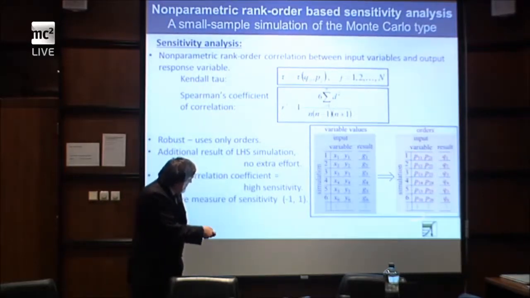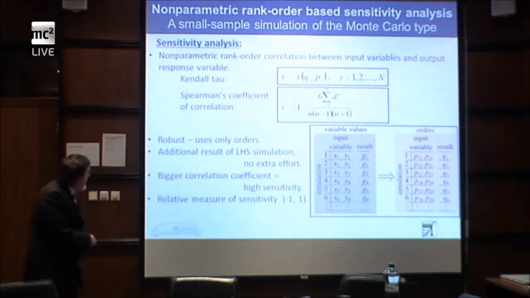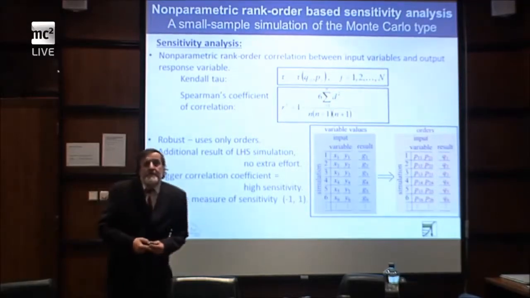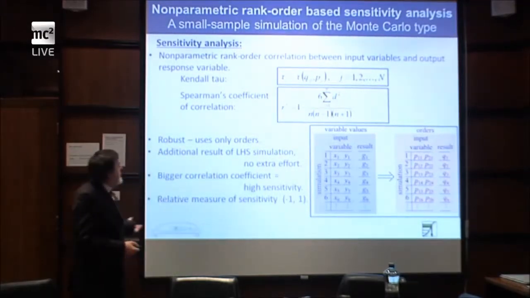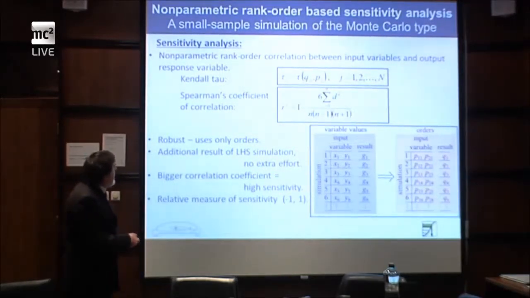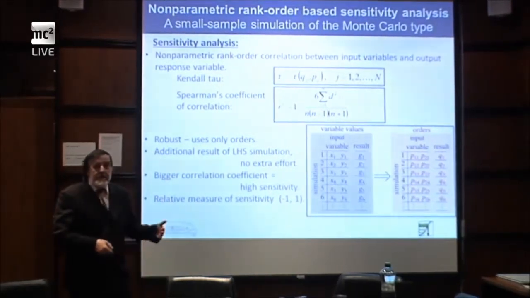So these are ranks, and these ranks are used to calculate correlation coefficients. Actually, it's an additional result of hypercube sampling simulation. No additional effort is needed, and bigger correlation coefficients mean higher sensitivity. And the relative measure of sensitivity in our model is between -1 and 1.